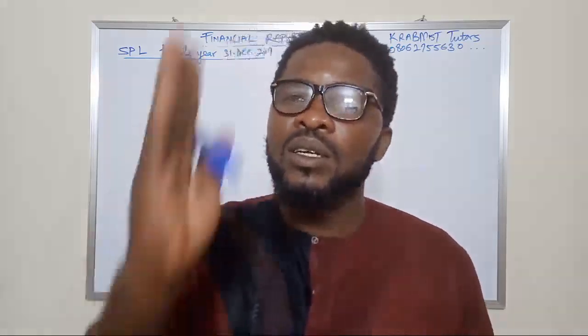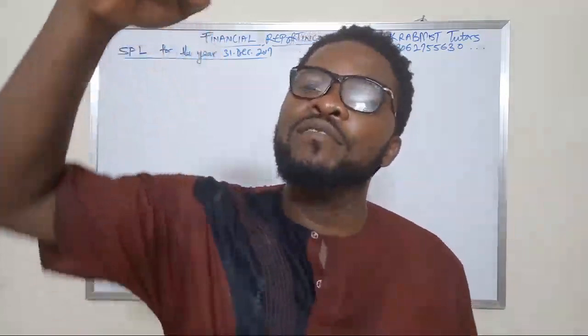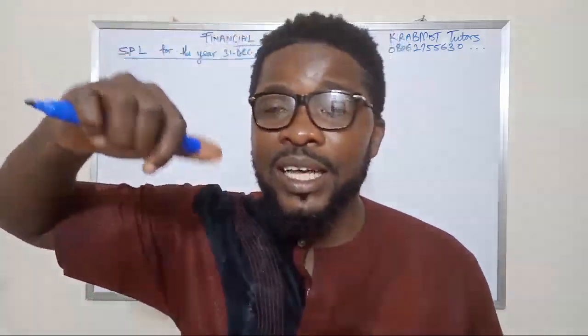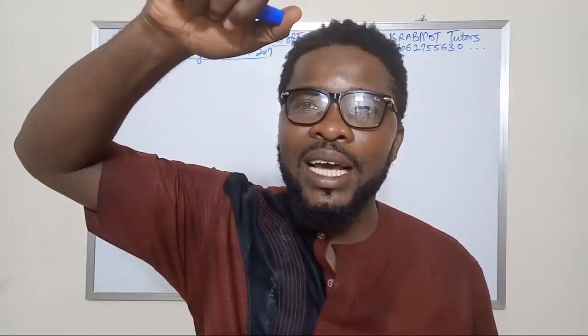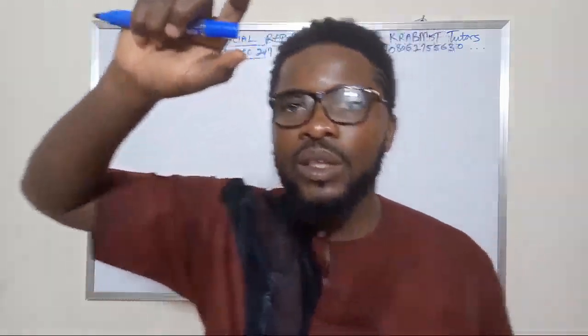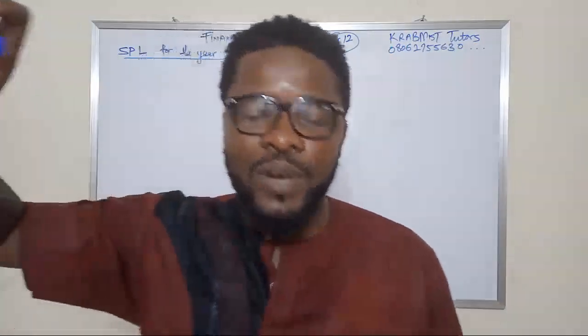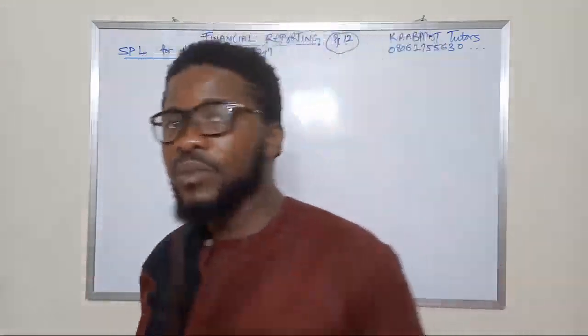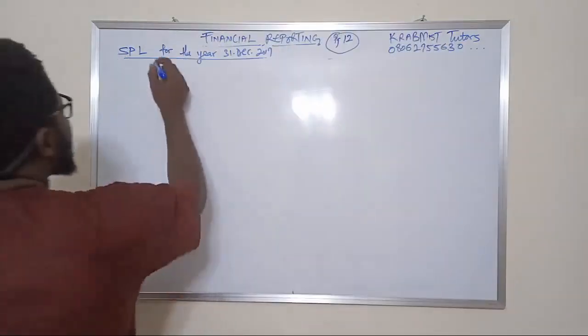So what happens in this format is you have it like this, you invert it like this under the statement of changes in equity. So you have things like the shares, you have the retained earnings, you have the revaluation surplus. So something like this.